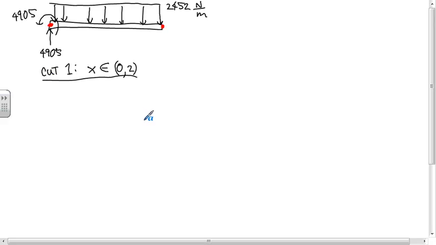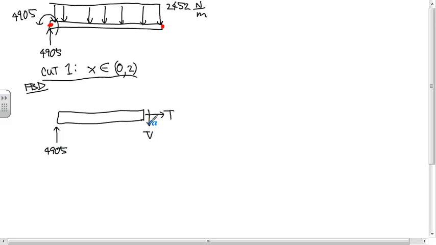And so our free body diagram is, you know, some length between 0 and 2. We know that there is an upward force of 4905 on the left. We know there are internal loads on the right.